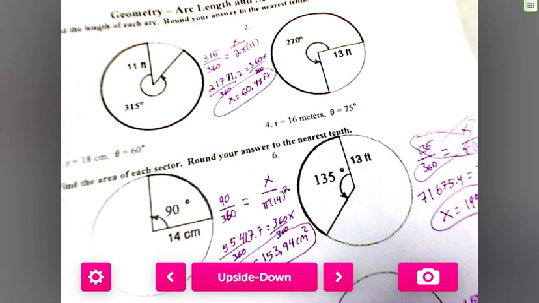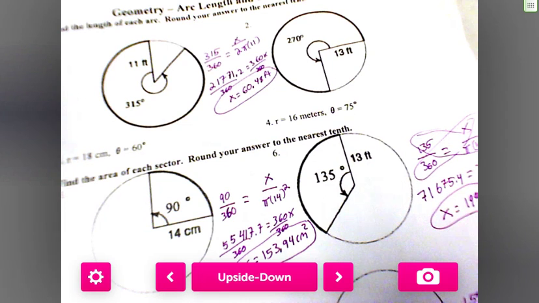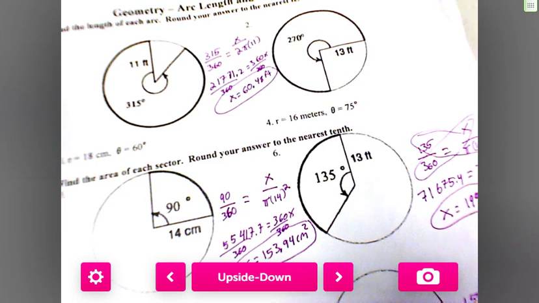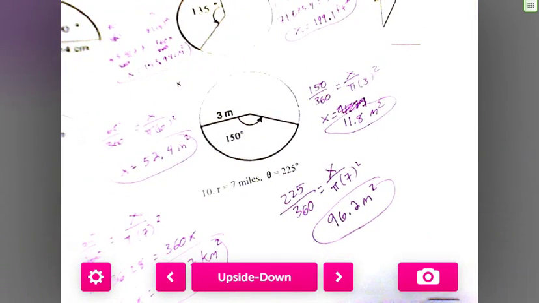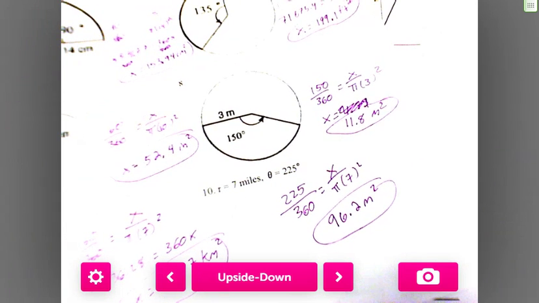Try number 10. Okay, you should have gotten 96.2 meters squared.